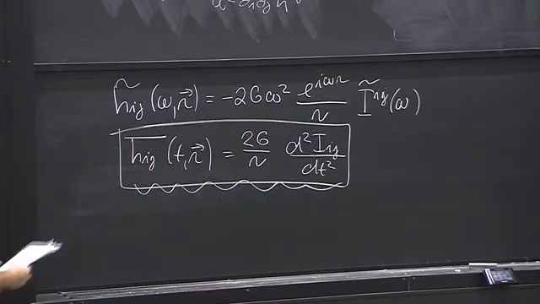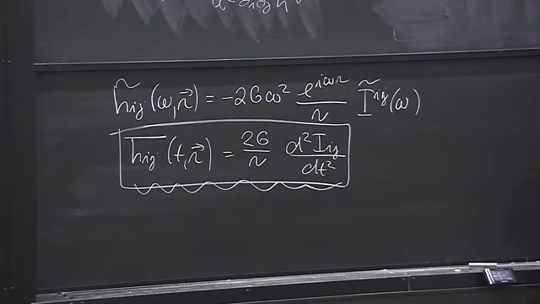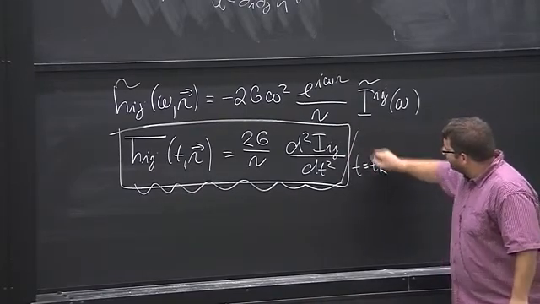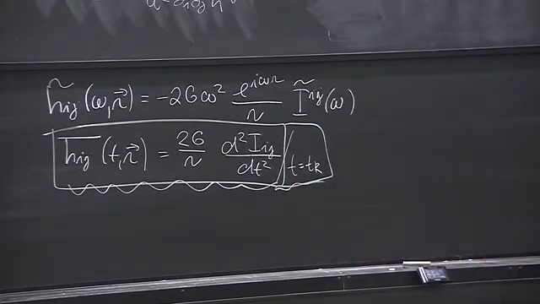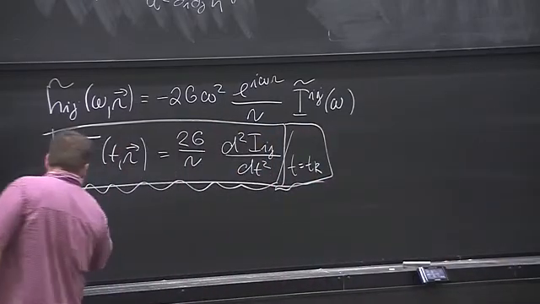Okay, and of course, you have also this I omega r thing. Well, this is evaluated at t equal to retarded time. This is called the quadrupole formula, and it's the famous result.